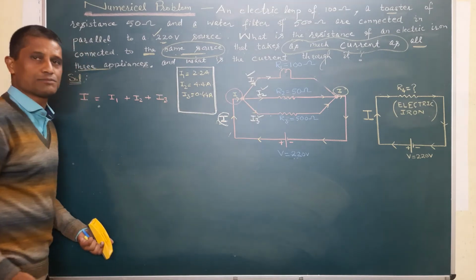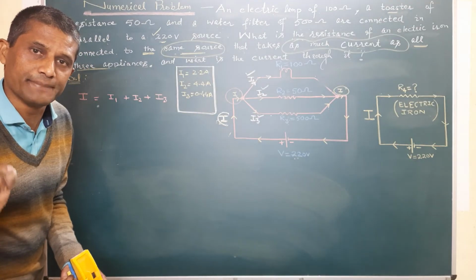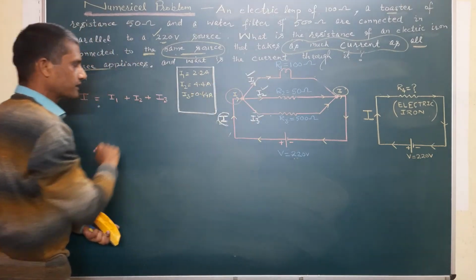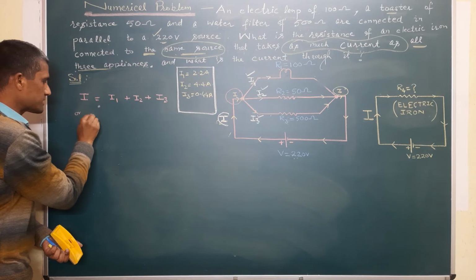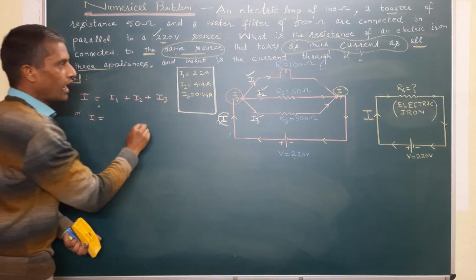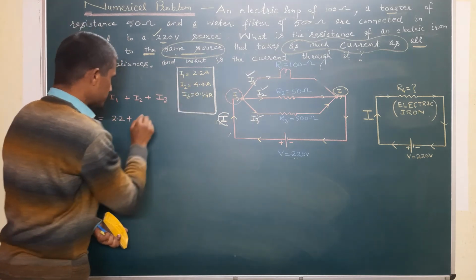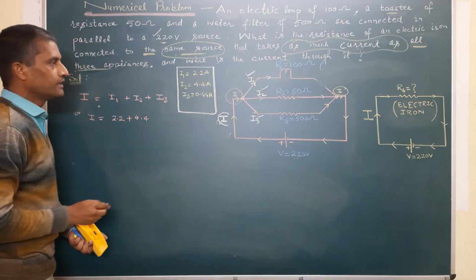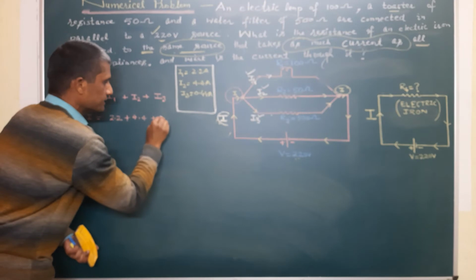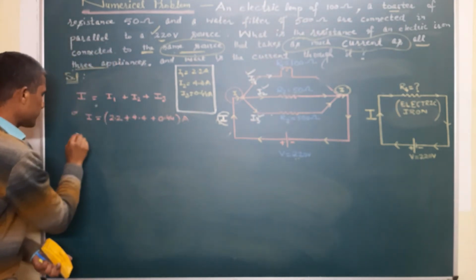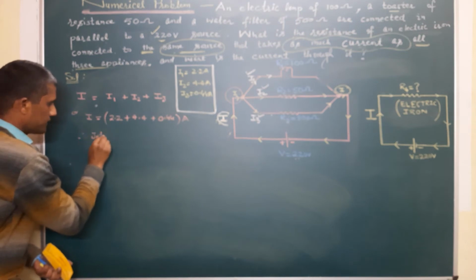So I is equal to I1, it is 2.2 ampere, plus I2, it is 4.4 ampere, plus I3, it is 0.44 ampere. Let us add them together.